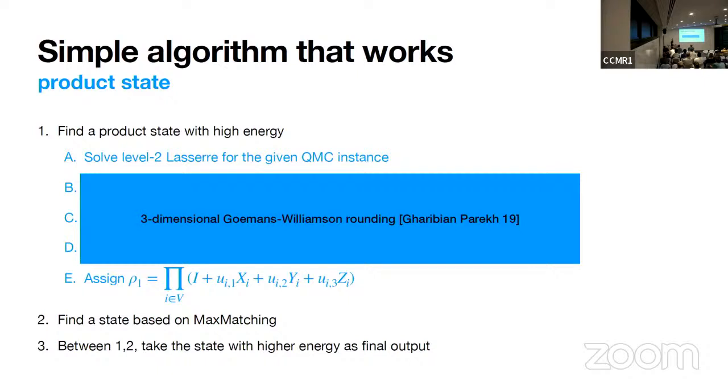So solve the level 2 Lasserre for our instance, and round using some 3-dimensional version of Goemans-Williamson. So project a vector onto 3-dimensional space instead of 1-dimensional space, normalize it, and use the final 3-dimensional vector to get a product state.